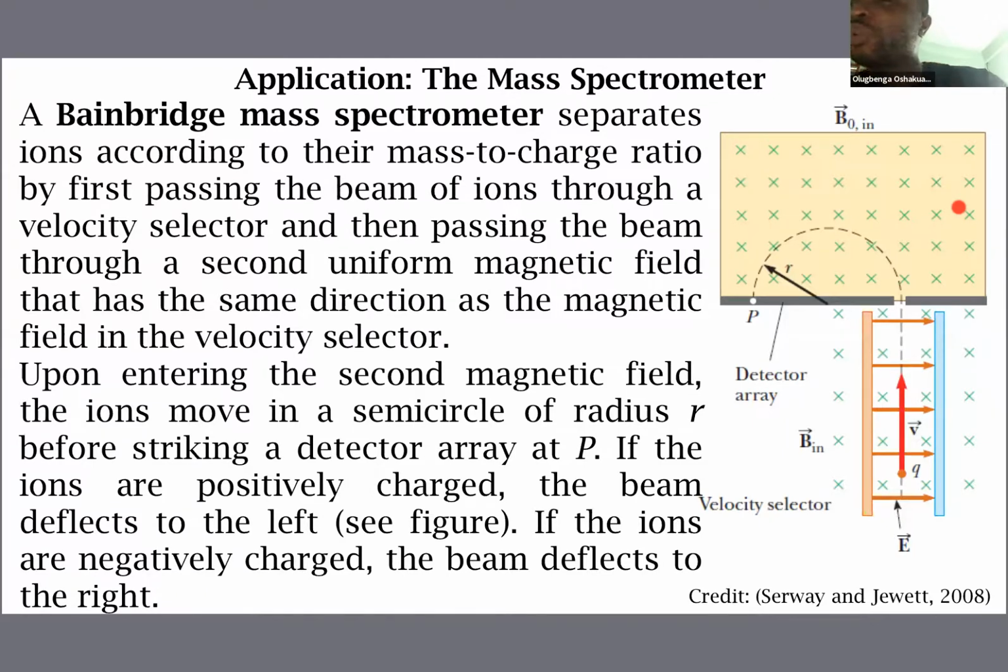Now, this velocity selector, the work is to ensure that whatsoever is entering this arena has a certain velocity. That is its work. And how does it work? For the fact that the charged particles are in motion, they possess magnetic field. And for the fact that they possess magnetic field, they will respond to other magnetic fields, meaning that they will experience magnetic force as a result of other magnetic fields. Now, this charged particle is moving through this channel.